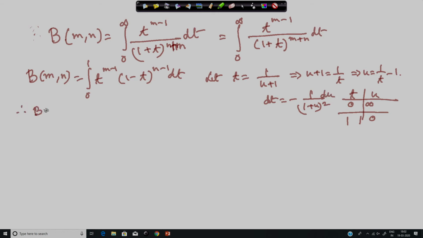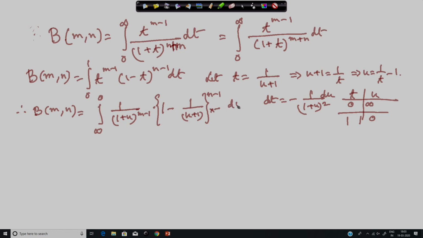Therefore, the beta function looks like integral infinity to 0 of t to the power m minus 1, that is 1 over 1 plus u to the power m minus 1, and 1 minus t, t is 1 by u plus 1, to the power n minus 1, and dt is minus du by u plus 1 square. Due to this minus sign, the limit becomes 0 to infinity, and in the denominator, what will be the power of 1 plus u?